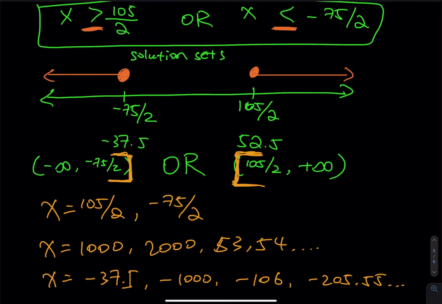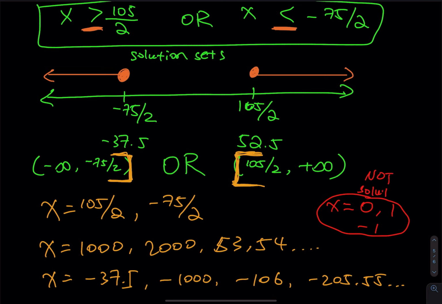So how about this? Is x equals to 0, 1, negative 1, are these solutions? The answer is they are not solutions. Why? Because they are not in the interval, right? So that's why they are not solutions.